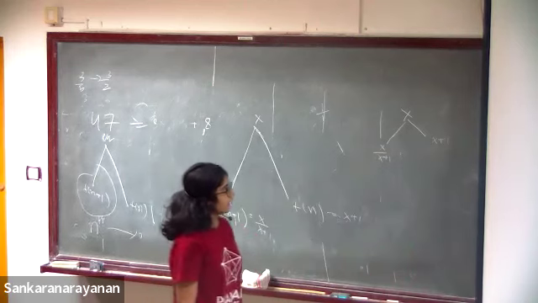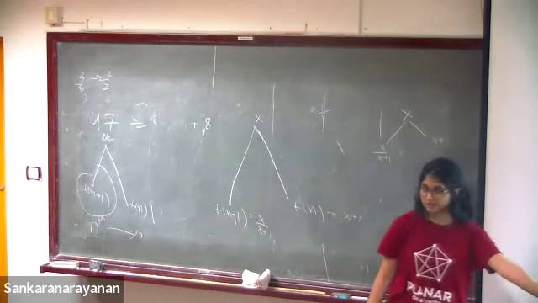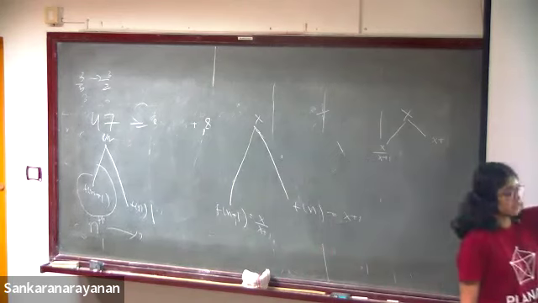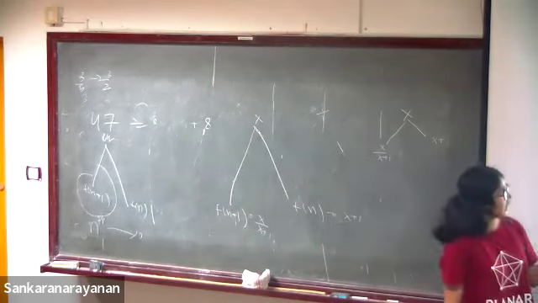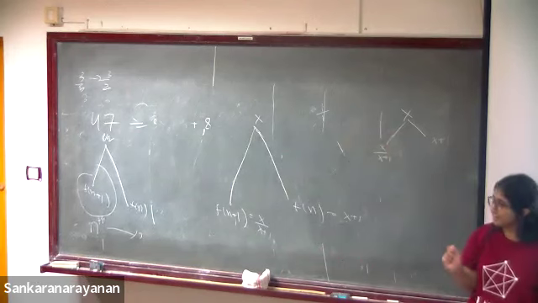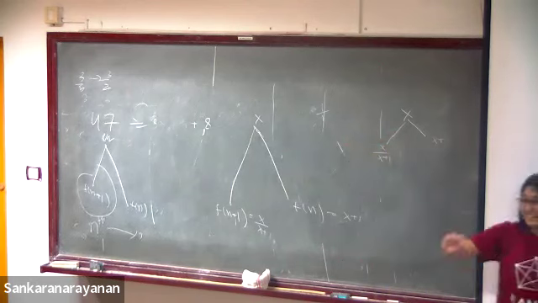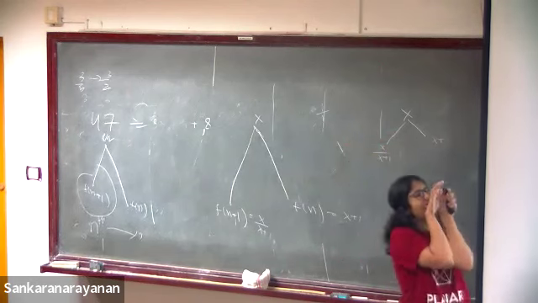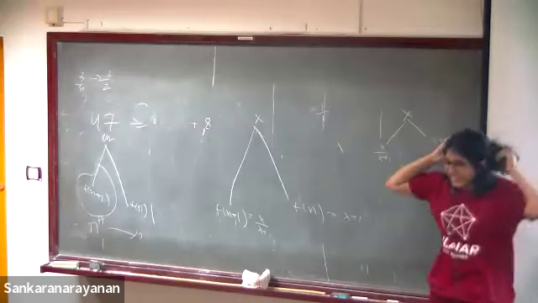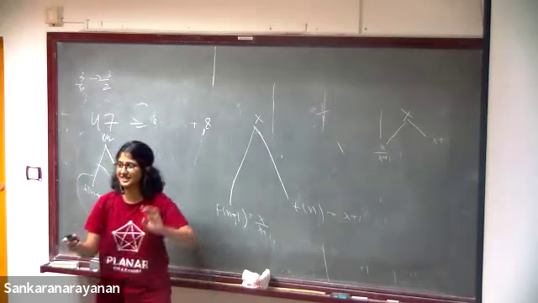But what I'm basically trying to say is, this is my G. And I define G to be this. And I forgot to define what F is. F is this. Trust me, I'm actually making sense.